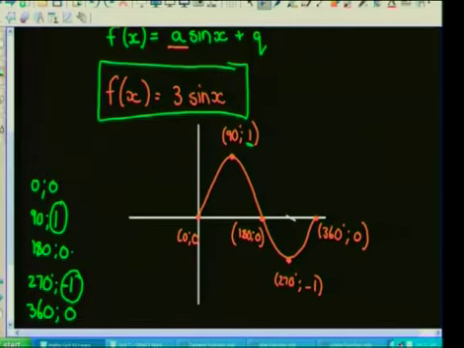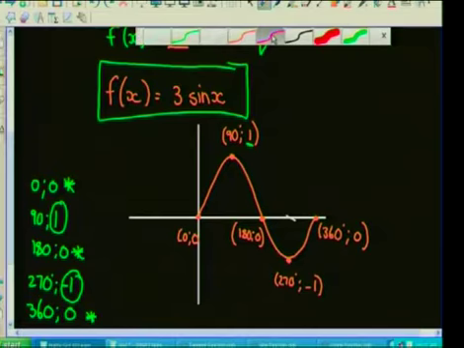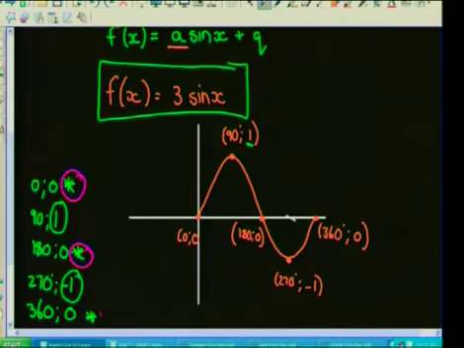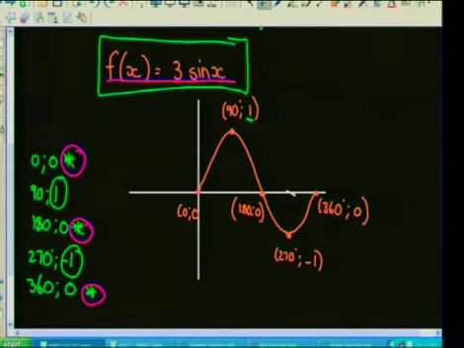These are still your x-intercepts, and they do not change. So a has an effect on the amplitude, but it does not have an effect on the x-intercepts. It does not have an effect on the period either. That means your graph is going to look something along these lines, so now I'm going to draw this one over here, and it is going to look something like this.